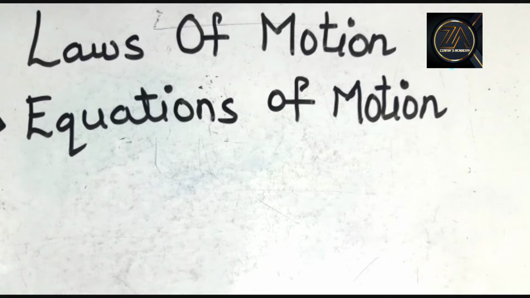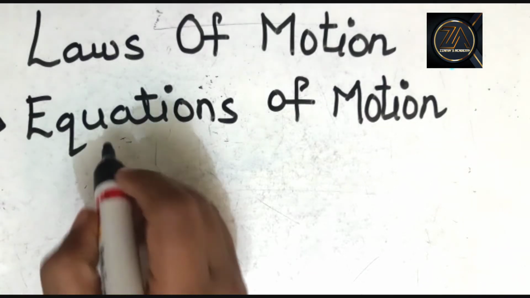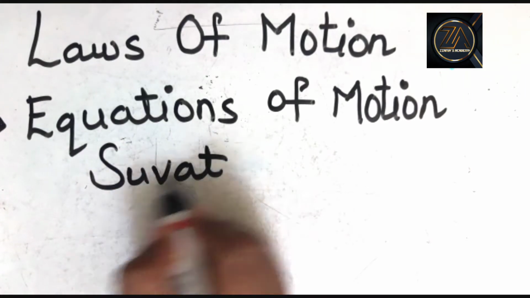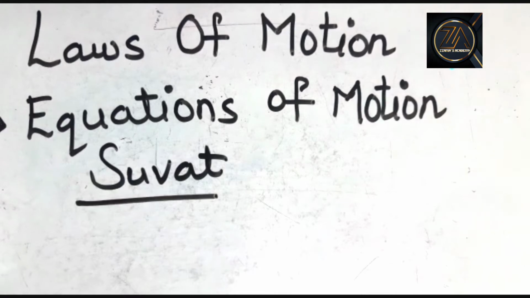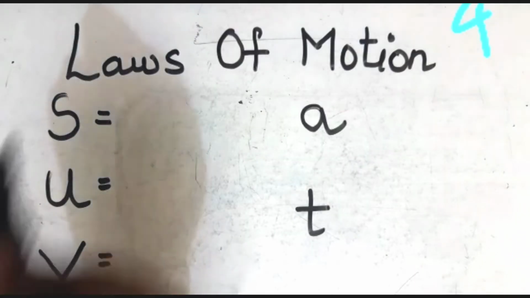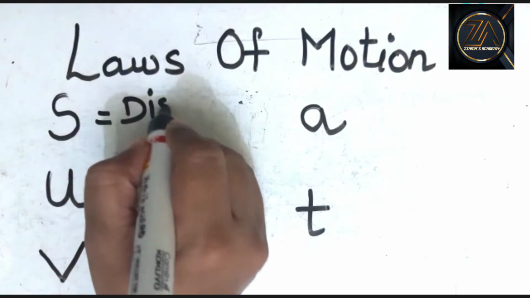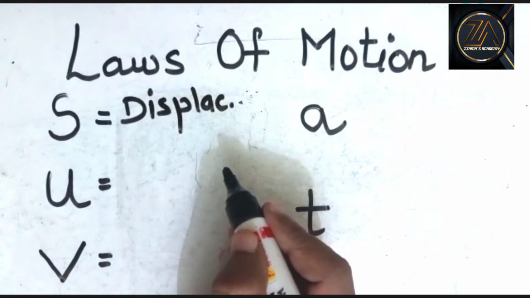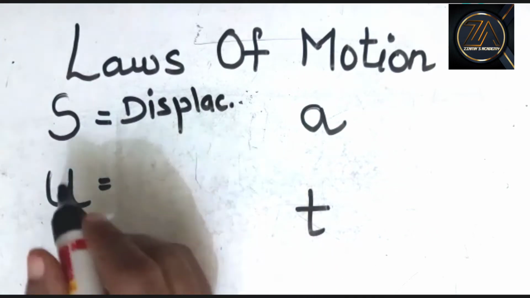Today we are going to learn about equations of motion, which is also known as SUVAT equations. So let's see what it is. It is an abbreviation used for the following. S stands for displacement. We all know we use the symbol S for showing displacement.